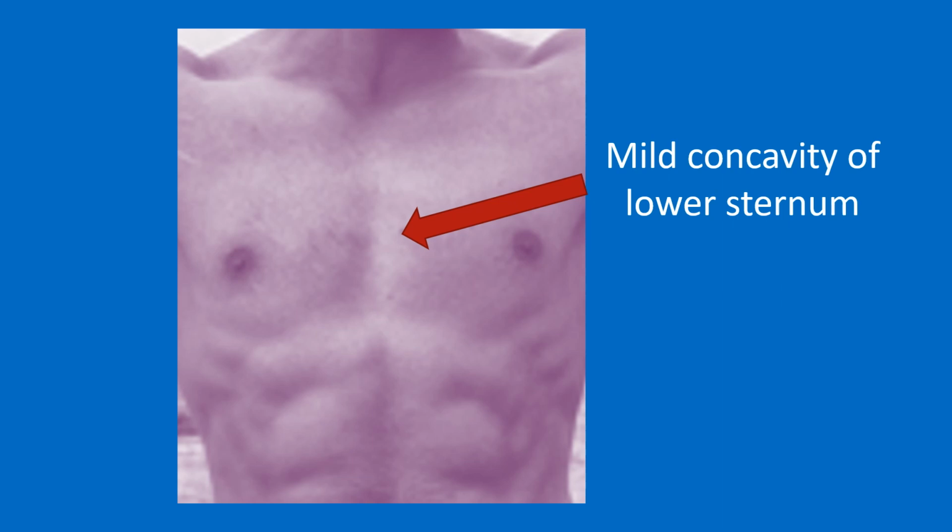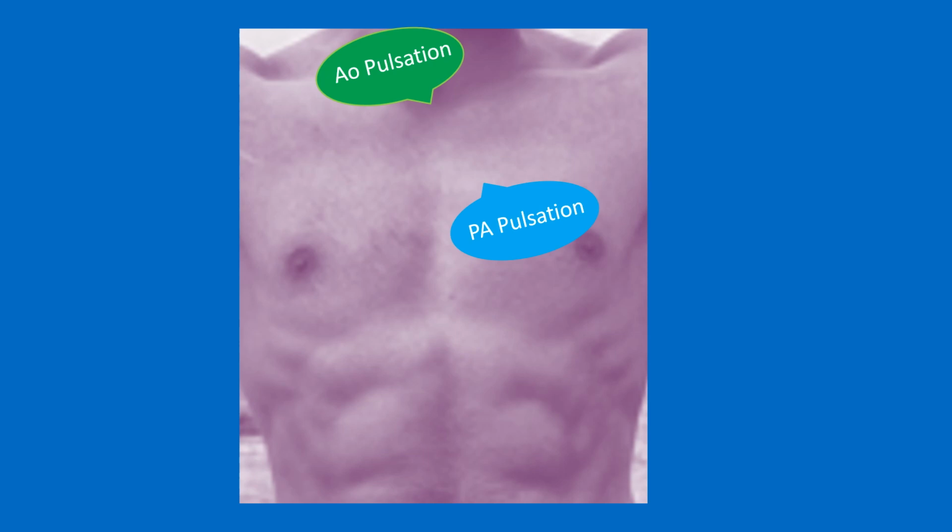Some of the features to look for are sternal deformities like pectus excavatum, which is a concavity of the sternum and is the commonest congenital malformation of the chest wall, which may be associated with congenital heart diseases like ventricular septal defect. Pectus carinatum is sternal prominence, also known as pigeon chest. This can occur in congenital heart diseases with large left-right shunts in infancy.